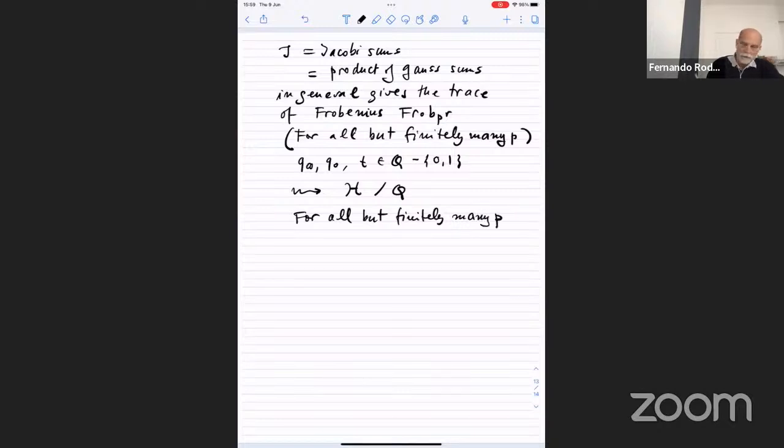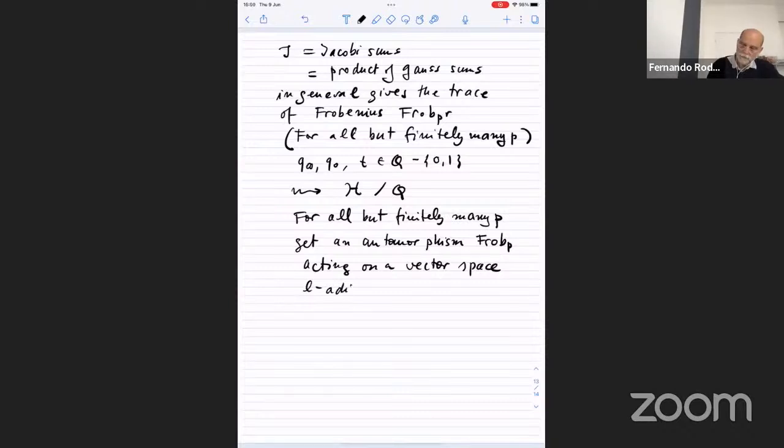we get an automorphism, this Frobenius, acting on a vector space, which is technically an elliptic vector space, but let's call it V of dimension n, which is the common degree of the polynomials.